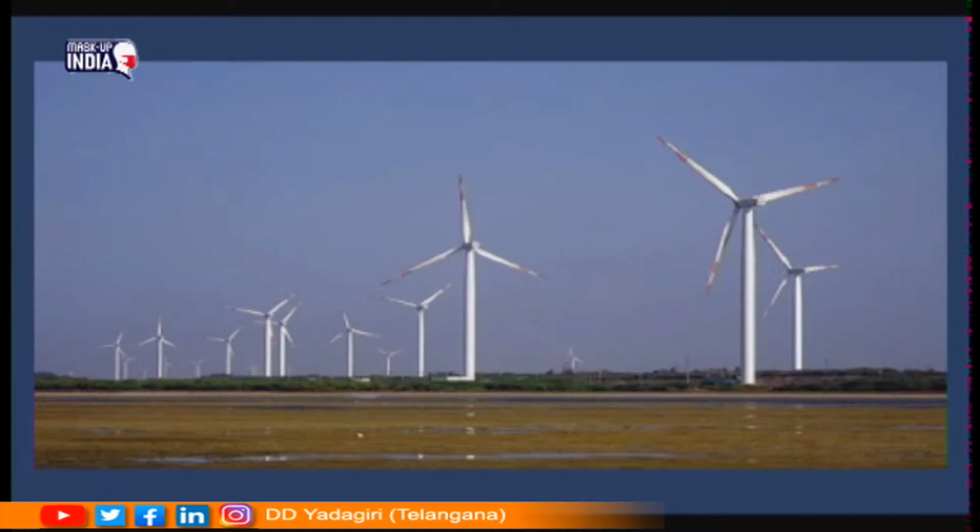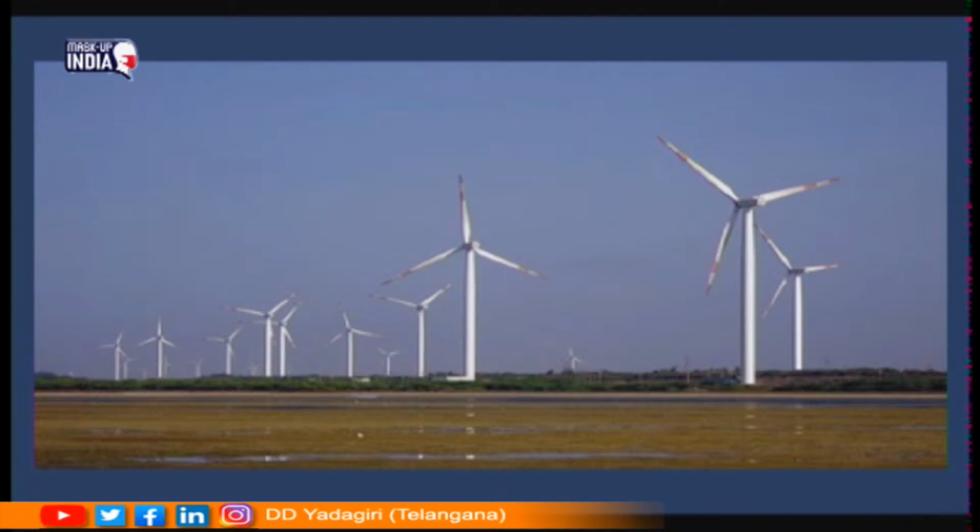Here we have a wind farm. Every windmill is equipped with a generator, and as the windmill rotates because of the wind, the power is generated inside the turbine, and when the speed of the wind is slow, a very small amount of power will be generated.